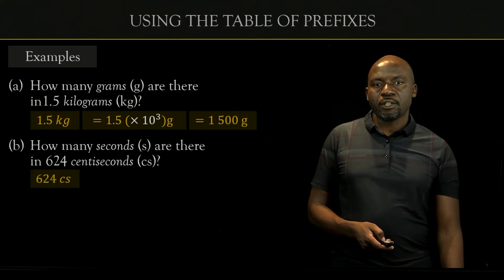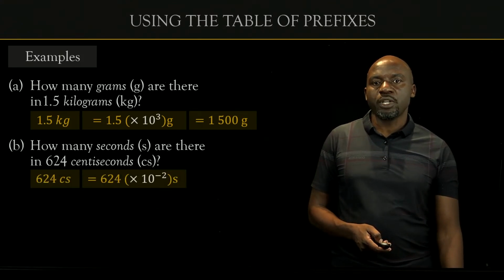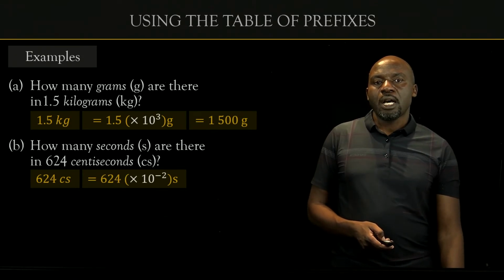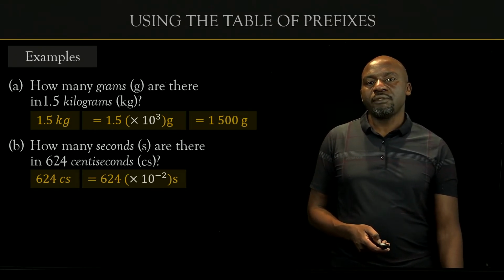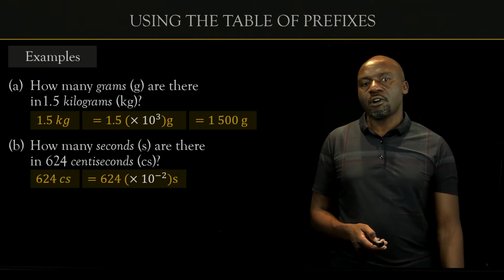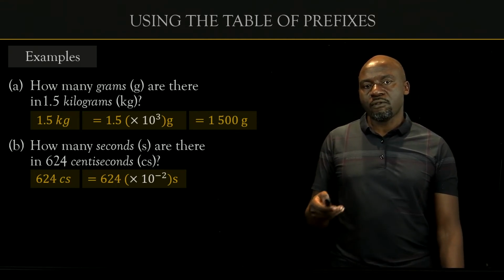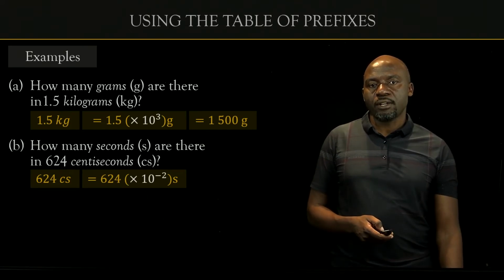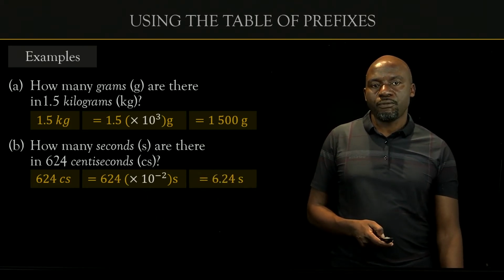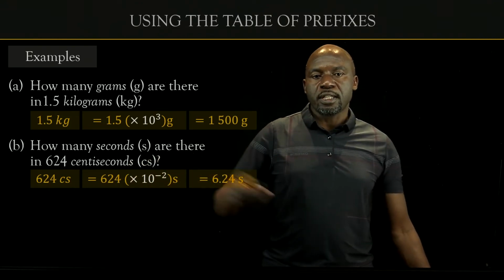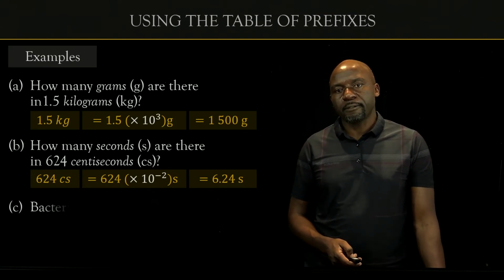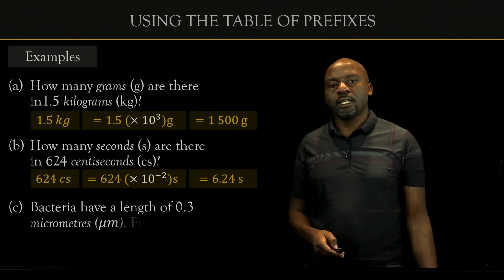And so 624 can be expressed as, we replace the c with times 10 power negative 2. And if you multiply that, that's equivalent to dividing by 100, right? Because it's 624 over 10 to the power of 2, or 624 divided by 100, which should be 6.24 seconds. All right, so we replace the c with 10 power negative 2, and so our answer is in seconds, like that.